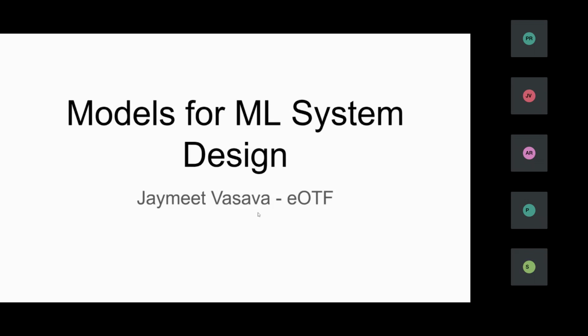Later we moved on to the second one, where we dealt with the use case with the pipeline for search, objects search, and the third one he did was for nameplate and face recognition and suppression to maintain privacy. So today we are bringing the fourth one, and that is models for ML system design.